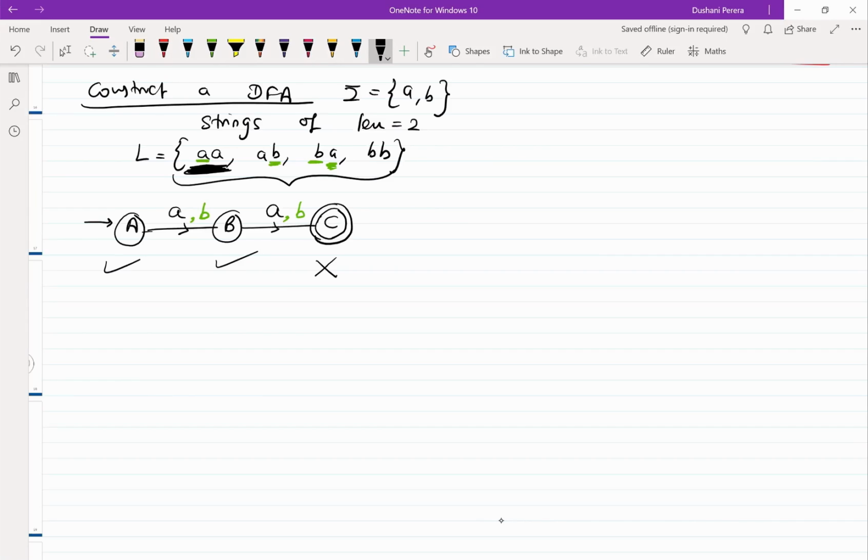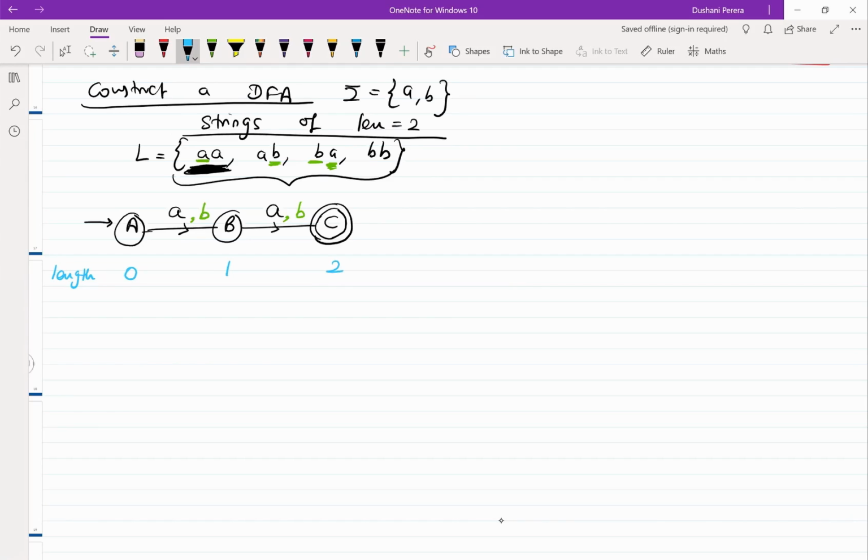Now our DFA accepts strings of length 2. Okay, so if we write here the length of the strings I get at each state, at state A my string length will be 0. State B, my string length will be 1. At state C, my string length will be 2.